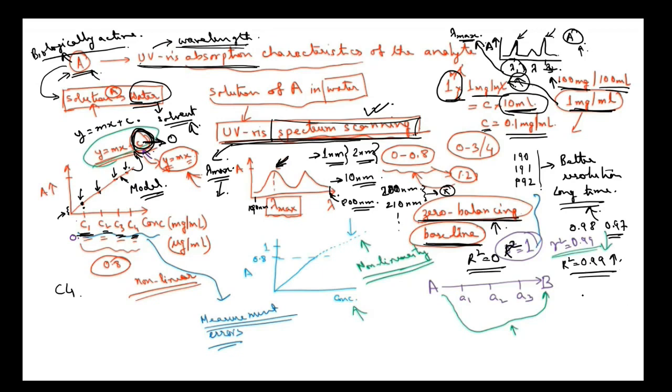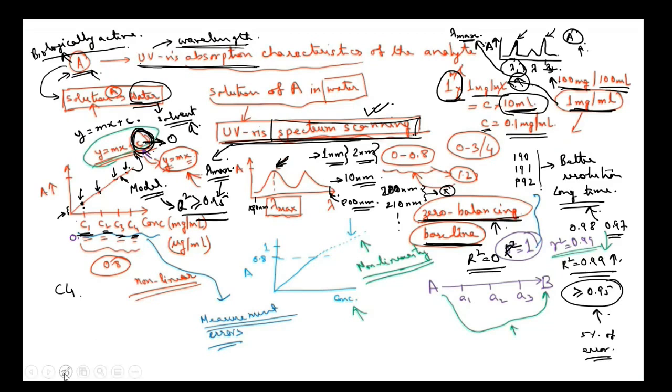Usually we accept any value greater than or equal to 0.95. This means that we are accepting 5% of error. Are you getting my point? So while accommodating that, we need to see that the model we create has a correlation coefficient R-square value of greater than or equal to 0.95.